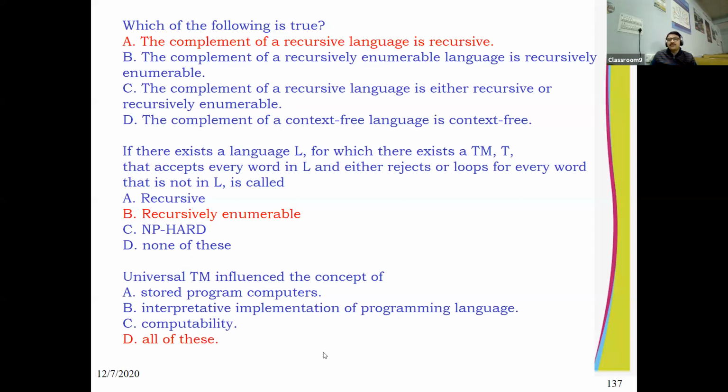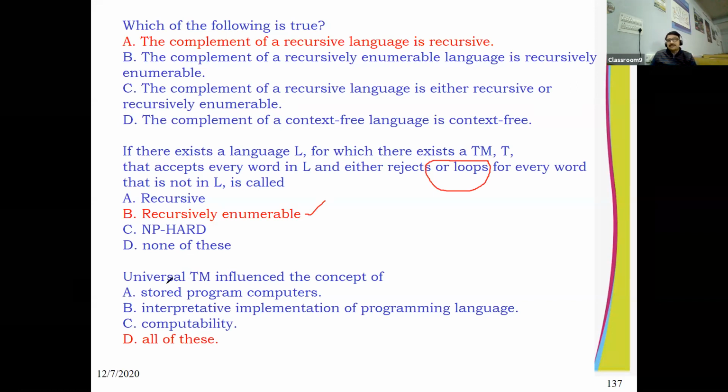So whenever you find the situation of loop, then directly you should mark recursively enumerable, because the case of loop is applicable only in case of recursively enumerable. I already told you that accept, reject plus loop forever. So this is the property of recursive enumerable.